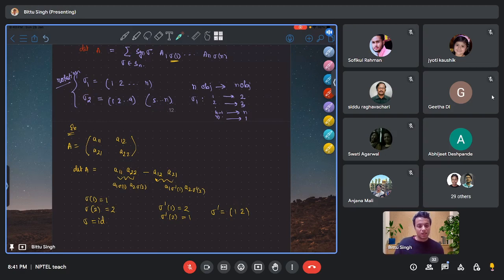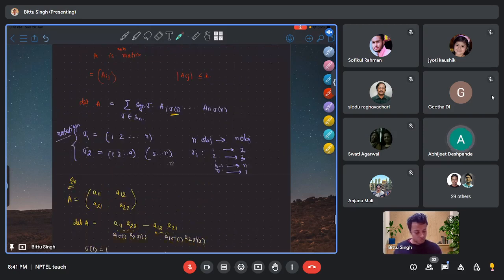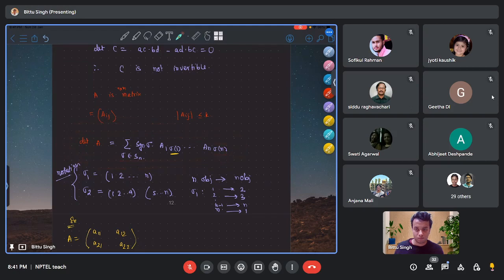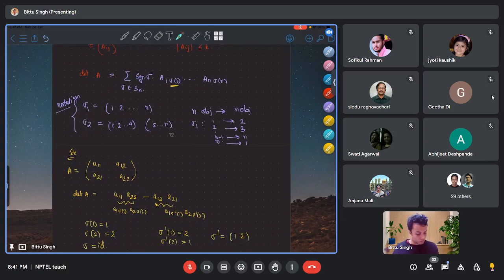So in general, we do not have those small or easier formulas. Therefore, we need to use the permutation formula. That is, we permute in every possible way.